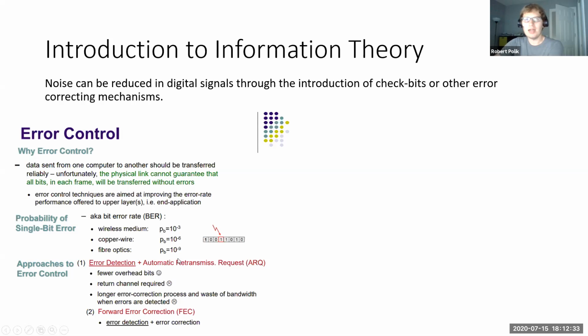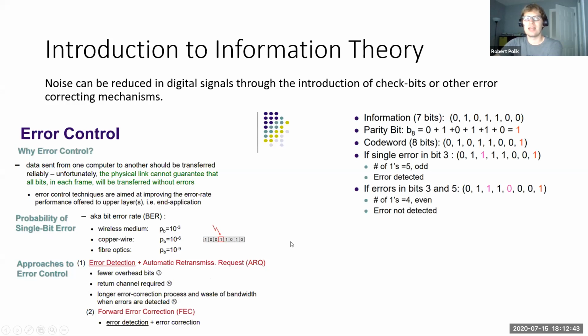And so in practice, what digital signals have, especially wireless signals, is some form of error detection. So I've included some very, very basic examples of error detection. There are much more advanced ways to do it than this. But one way to do it is for every 7 bits of information you send, you can send a parity bit. So add all of these 7 up. It'll either give you 1 or 0. And so that's your code.